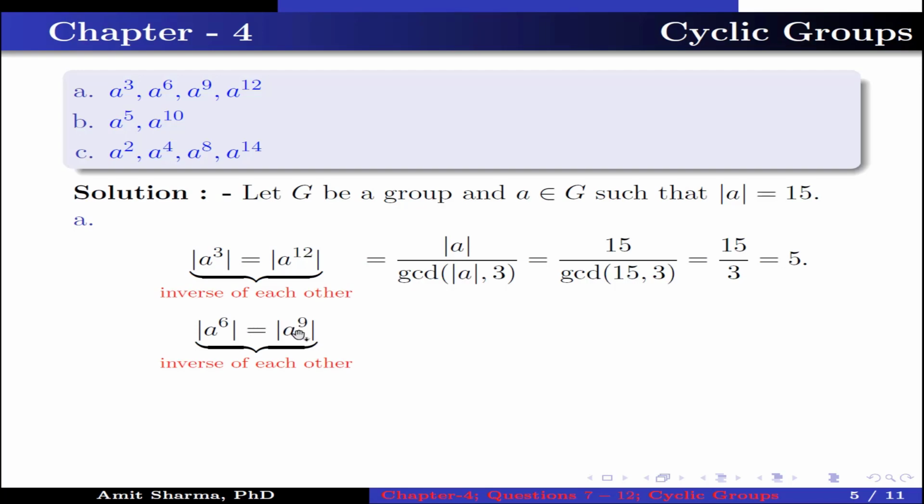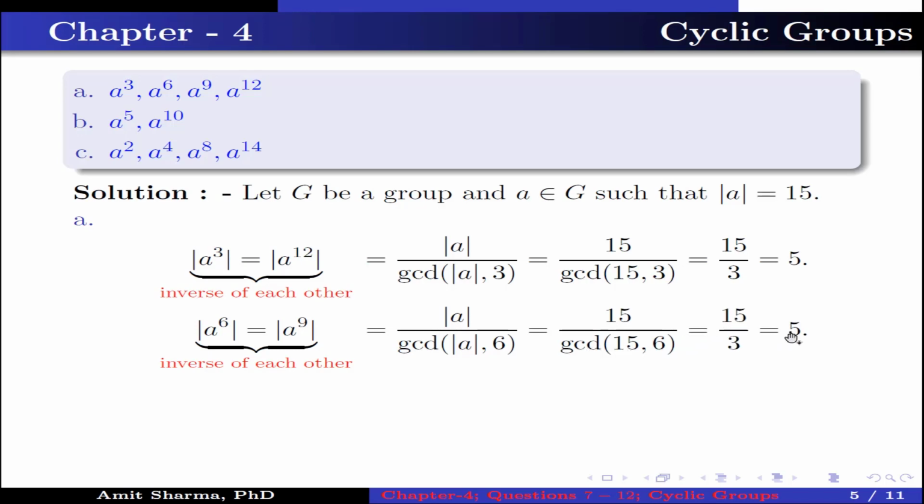Again, the order of A6 is equal to the order of A9 because both are inverses of each other, which is equal to the order of A divided by GCD of order of A, 6, which is further written as 15 divided by GCD of 15, 6, which is further written as 15 by 3, which is equal to 5. This implies the order of A6 and the order of A9 is 5.